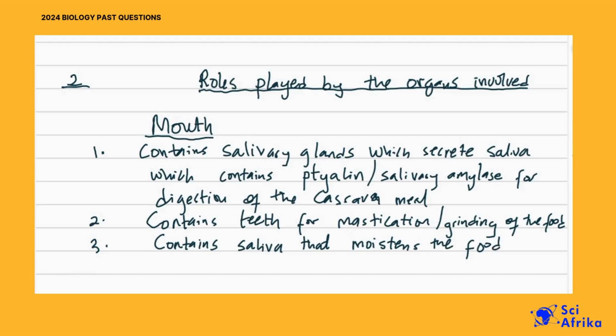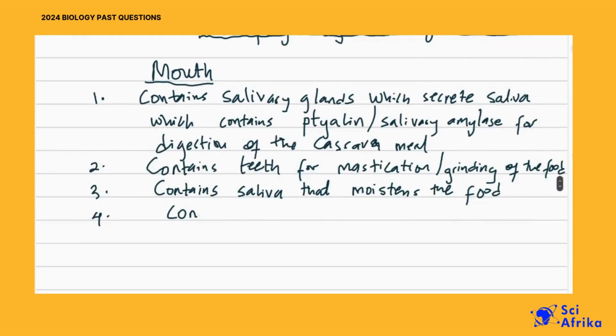Any one of them is correct. We also write that the mouth contains the tongue. This is basically writing the structures we have in the mouth that help to digest the food. The tongue is for rolling the food into a bolus. So these are possible answers to that question.